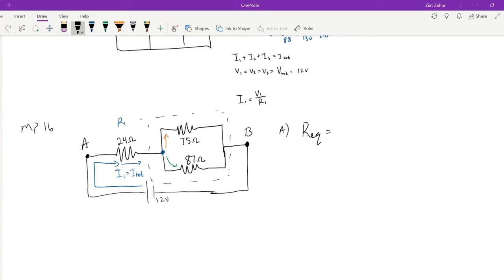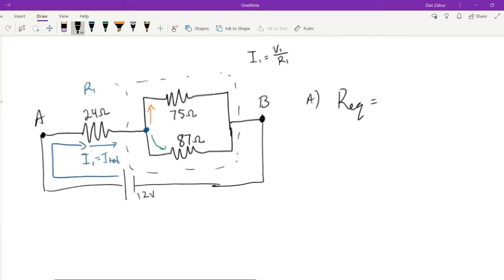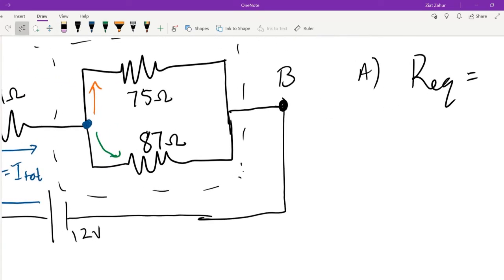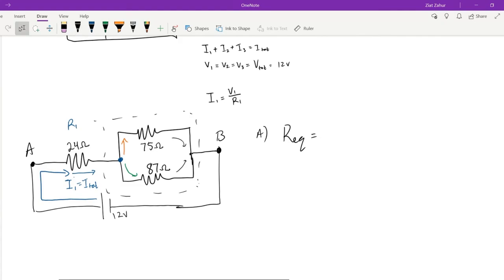REQ, we could do it in two pieces, or you could identify which ones are parallel and which ones are series. We know that the 75 and the 87 are parallel. These two here are parallel because they split and then recombine again. So let's label R2, R3. R2 is parallel to R3.